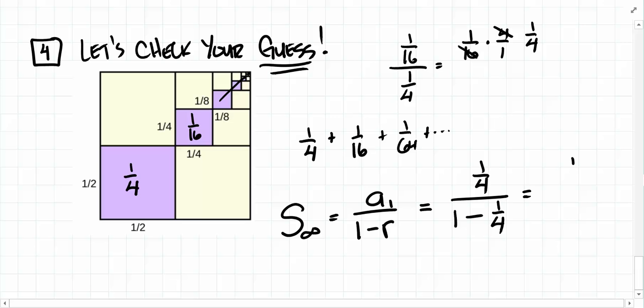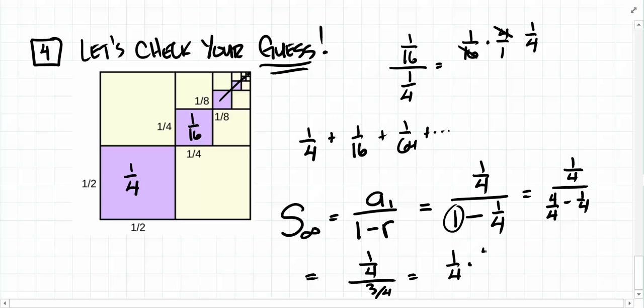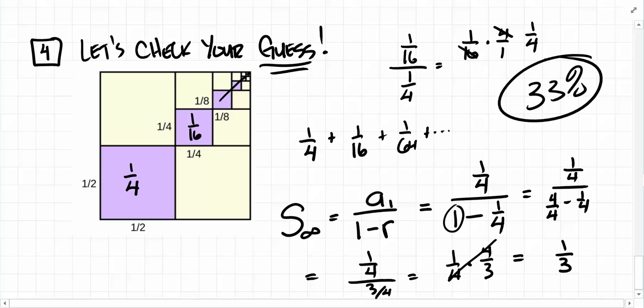So I would get 1/4 over, change the number 1 to 4/4 minus 1/4. So coming down here, my numerator is 1/4. My denominator now is 3/4. Flipping and multiplying, I would get 1/4 times 4/3, and the 4's would cancel, and this would give me 1/3, or about 33%. So hopefully you guys got the same answer, or something close to it. So the right answer is 33%.